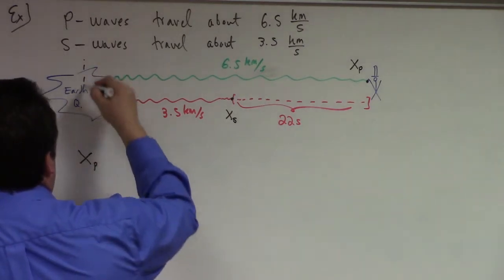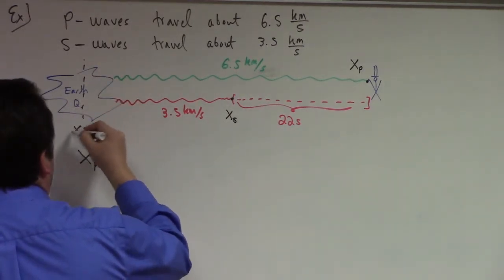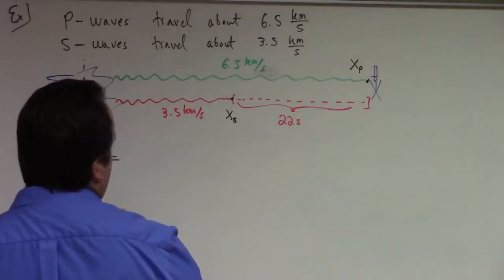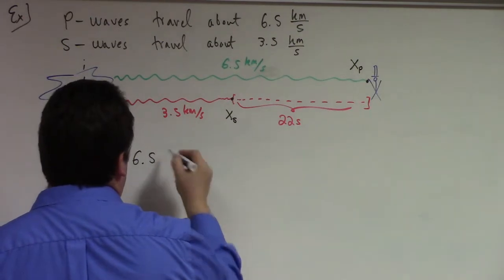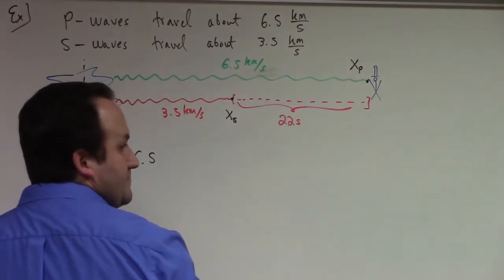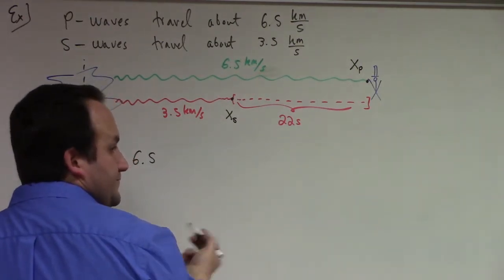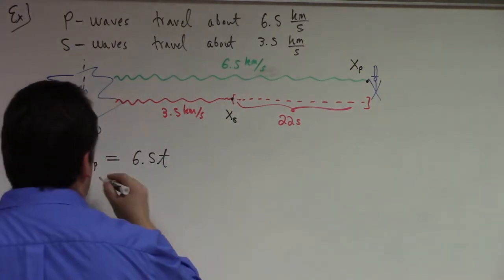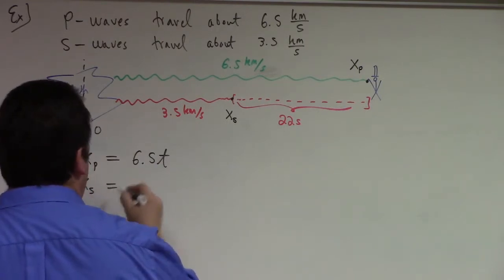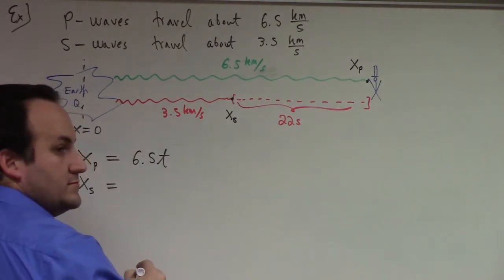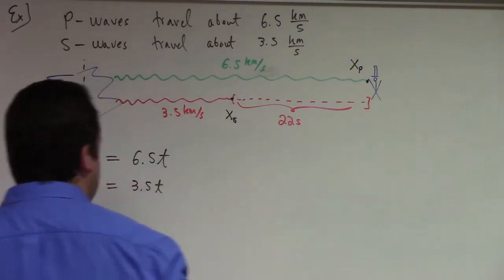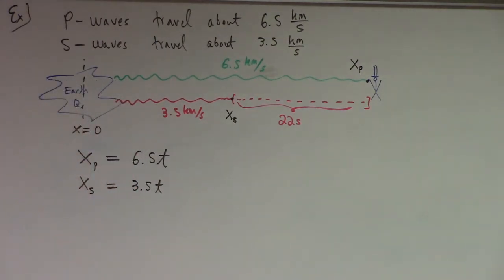If I say that this is x equals 0 for our convenience, then x sub p is equal to 6.5 times what? t, right? And what's x sub s? Yeah, 3.5 times t.